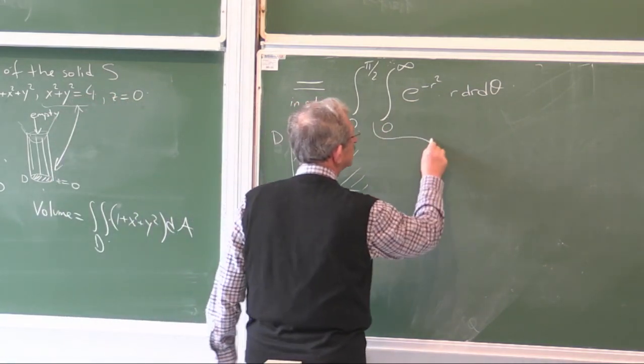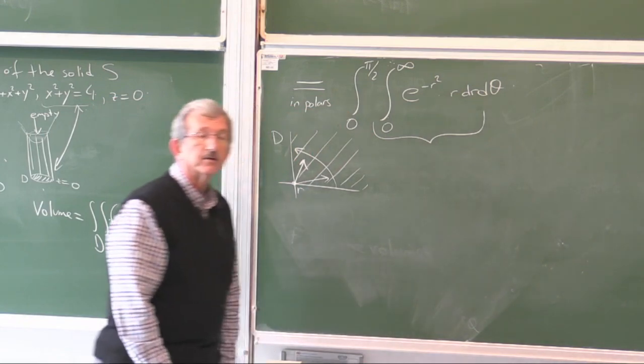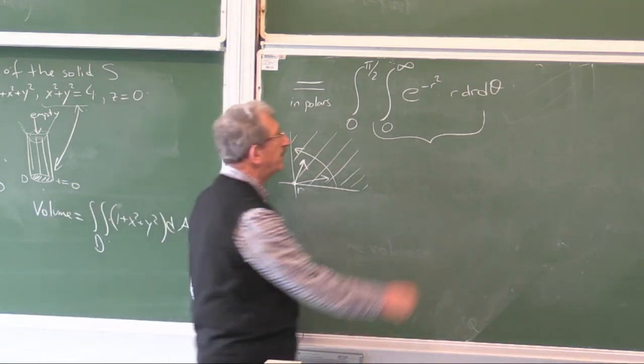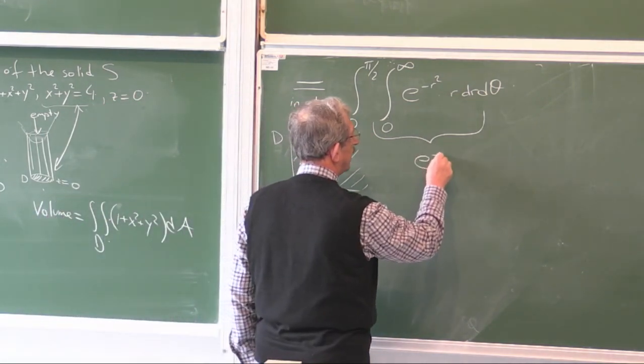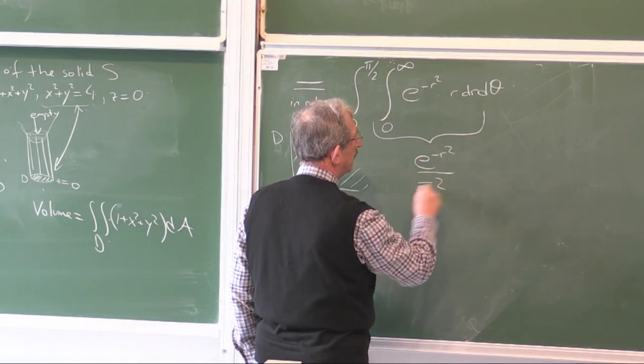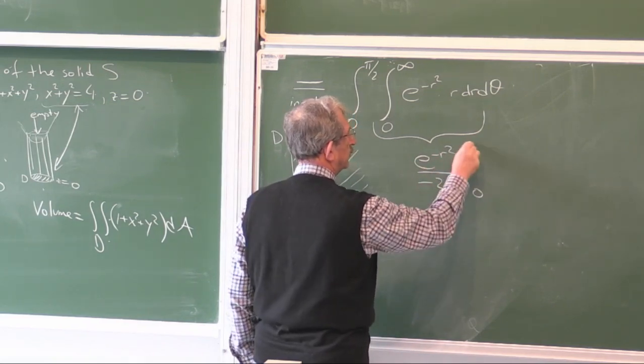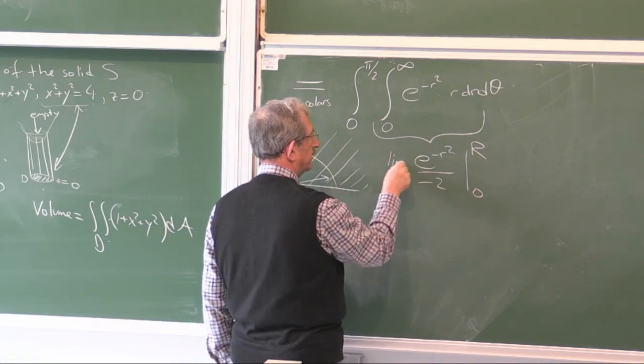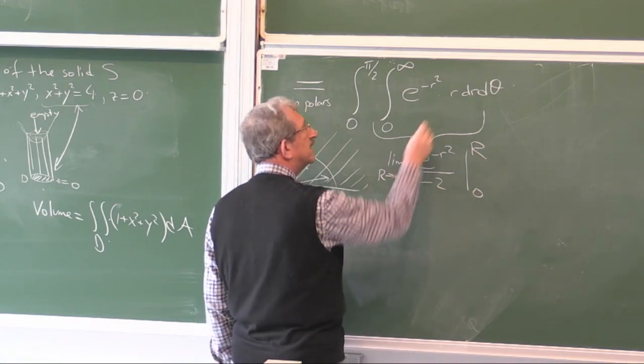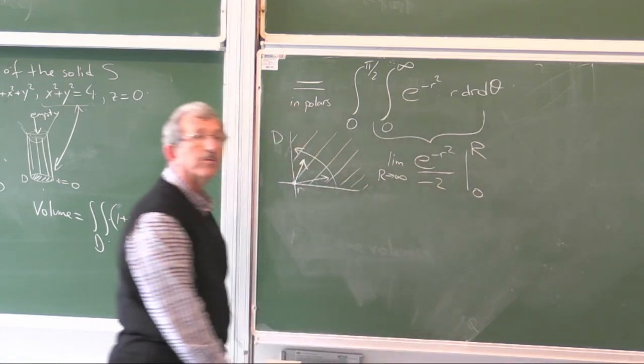But the point is, we can evaluate this integral now. It is nothing but e to the minus r squared divided by minus 2, from 0 to r, with the limit r going to infinity. It's a single improper integral.